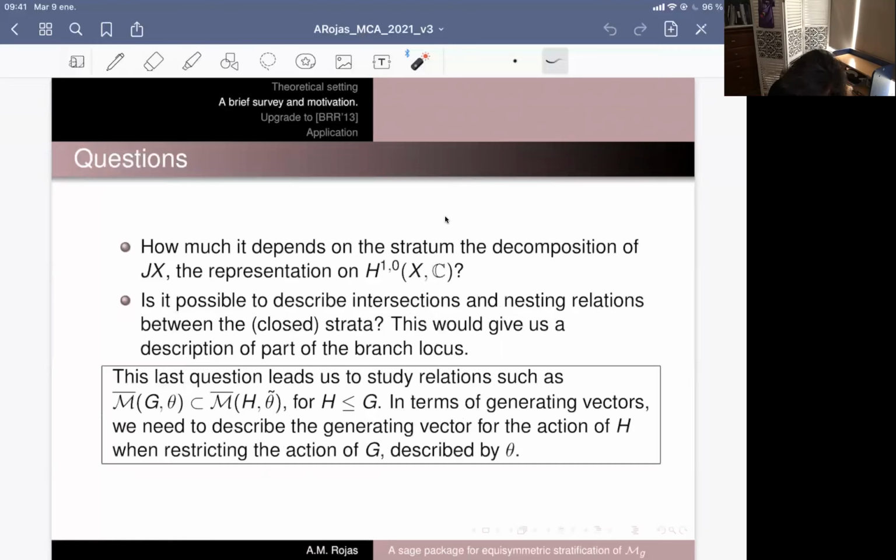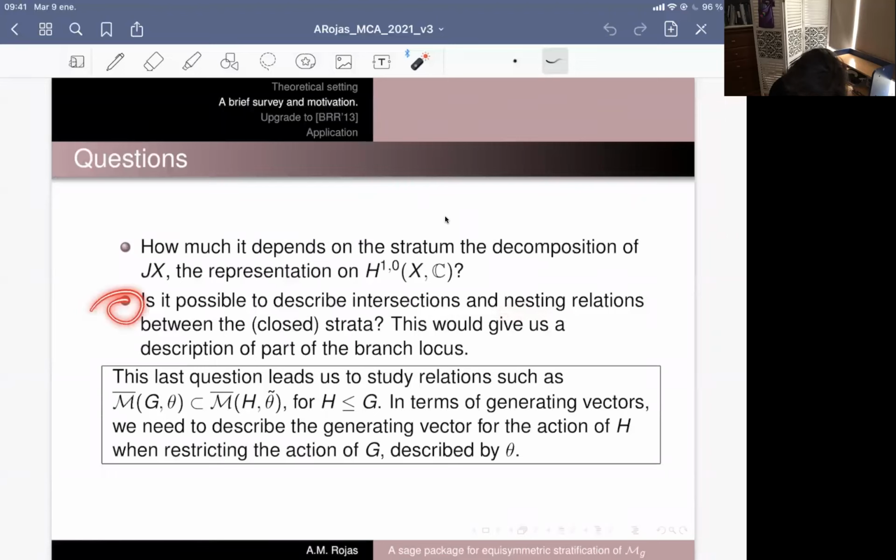For instance, how much does the decomposition of the Jacobian variety, or the representation on the holomorphic forms, depend on the stratum? And many questions. Since we have this stratification, we want to understand the geometry involved and how much depends on the stratum we are in. And the next question is, okay, we have these strata, so how do they intersect in the moduli space of Riemann surfaces of genus G, how are they contained, etc.